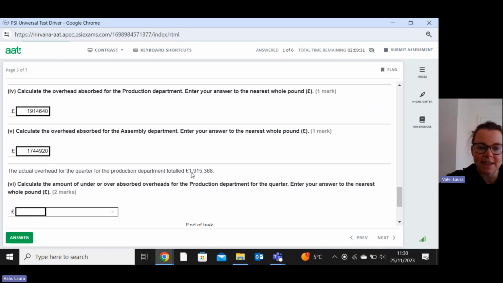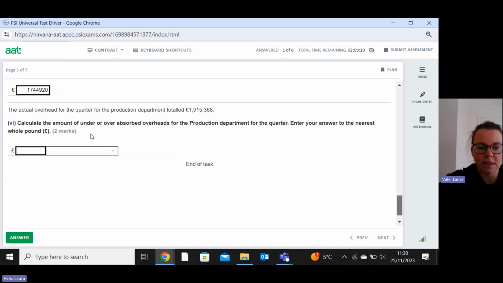So you just have to find the difference between those two numbers. We've obviously absorbed less than the actual, so we're going to have an under absorbed as the drop down here. And then if we find the difference, we get 728.